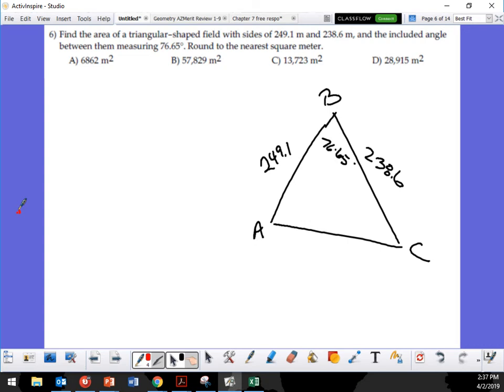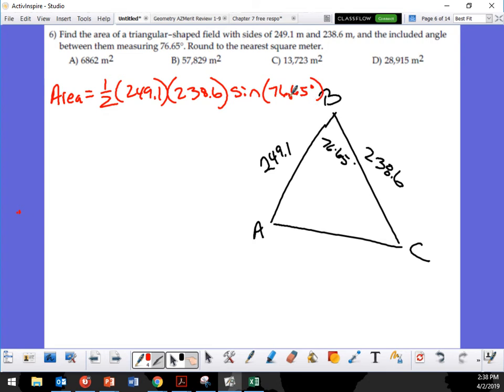So my area is equal to 1/2 times 249.1 times 238.6 times sine of 76.65 degrees. And we're calculating. The answer is 28914.6.